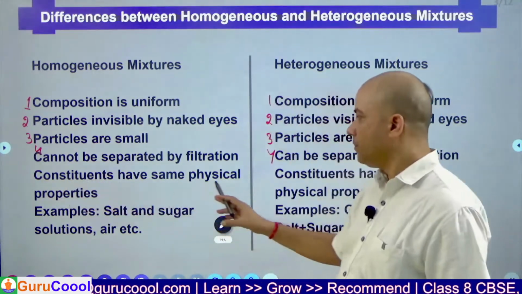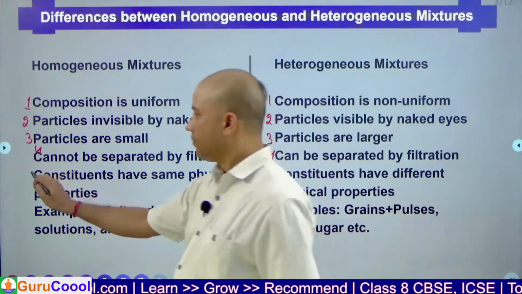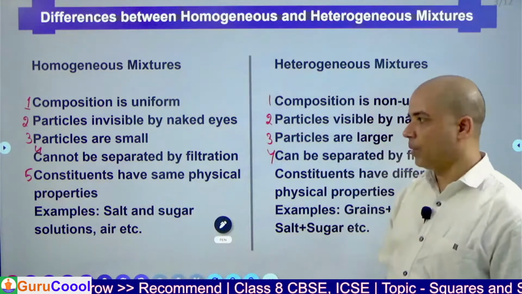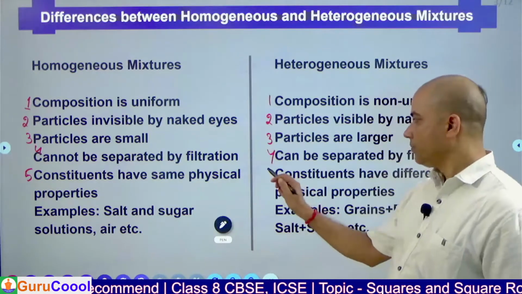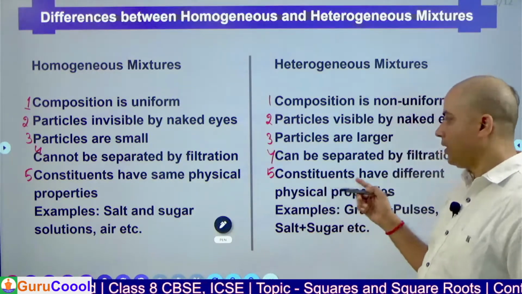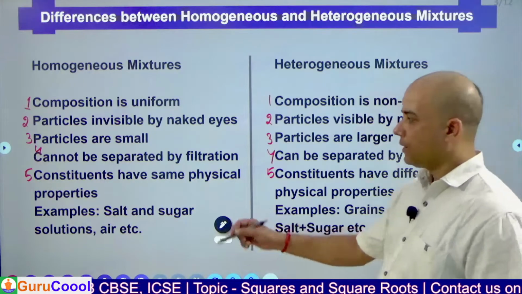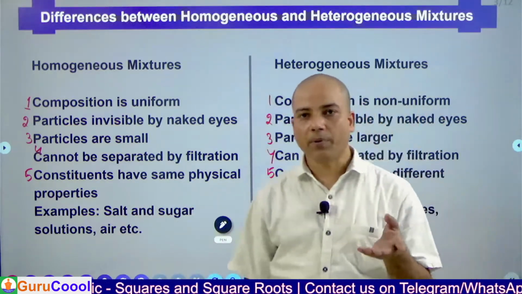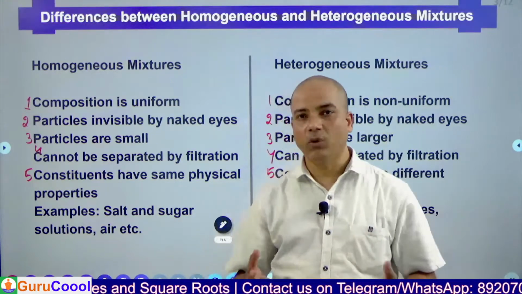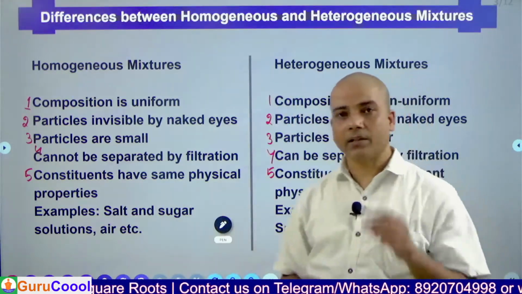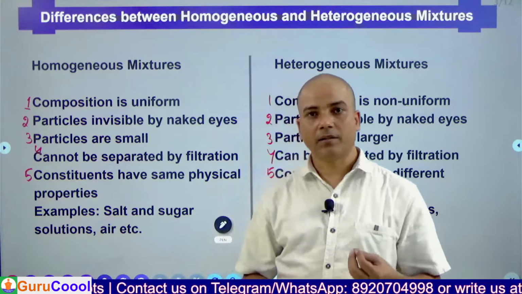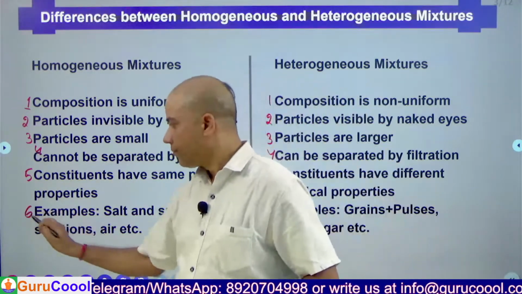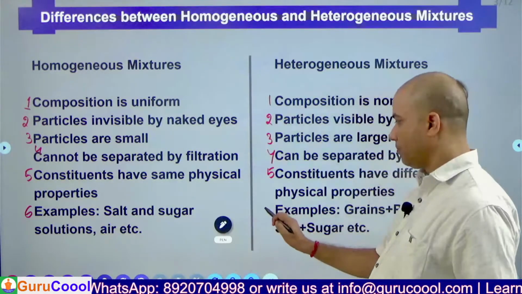Number 5, constituents have the same physical properties in homogeneous, but in heterogeneous, constituents have different physical properties. See the example, salt and sugar: they have similar physical properties. Both of them dissolve completely in water. Physical properties like shape, size, hardness are the same. In heterogeneous they are not the same.